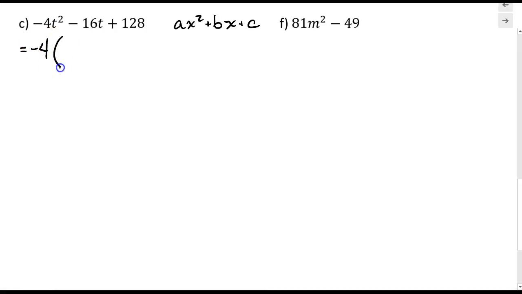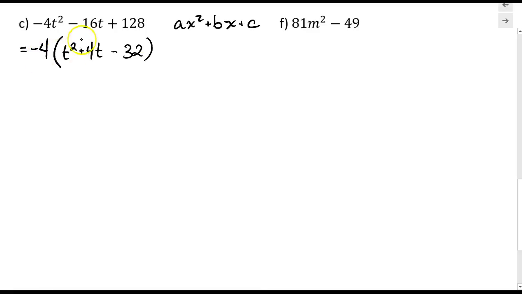So I'm going to divide -4 out of everything. -4 divided by -4 is 1, so I'm left with just t squared. -4 going into -16 is actually +4. And then -4 into +128, I'm going to have to double check. And that's going to be 32.